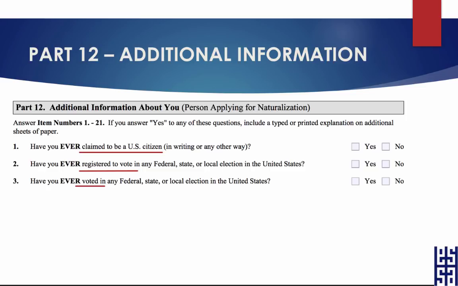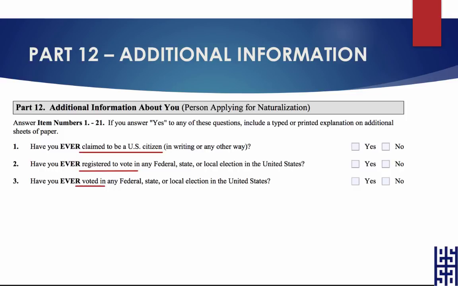Making a false claim of citizenship in order to vote or receive benefits is a serious crime. Voting or registering to vote in any federal, state, or local election is also considered a serious crime, even if you believed you were eligible to vote.